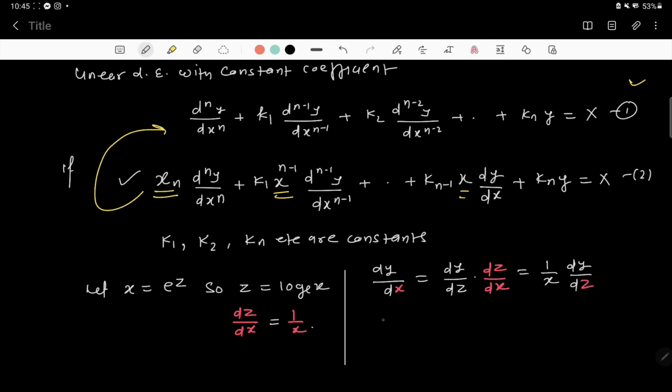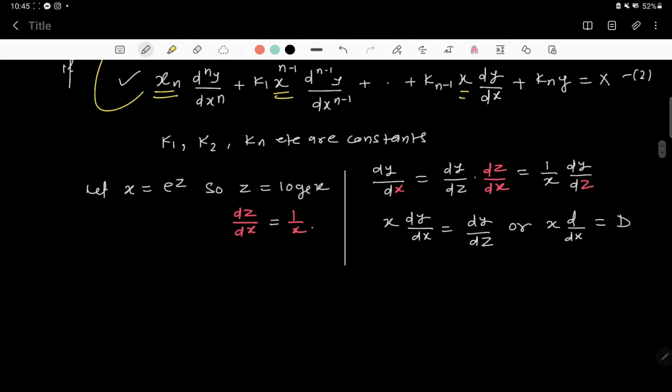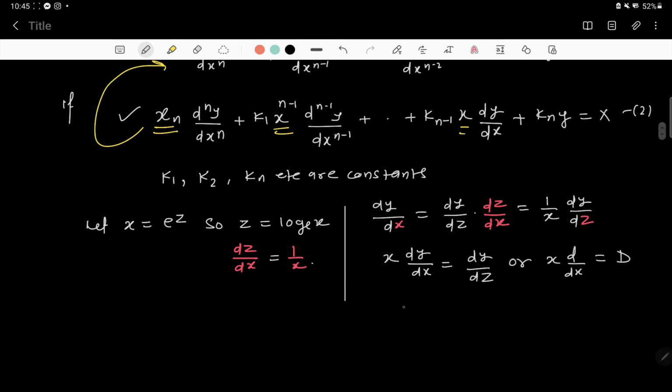So x dy/dx is equal to dy/dz, or in general we can say that x dy/dx is equal to D of y, where D stands for d/dz. So this is our conversion.